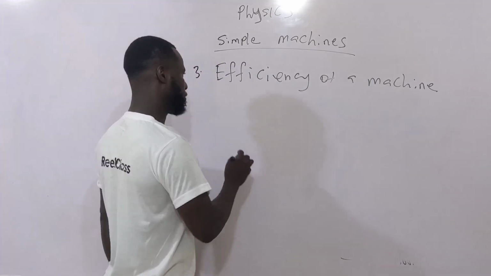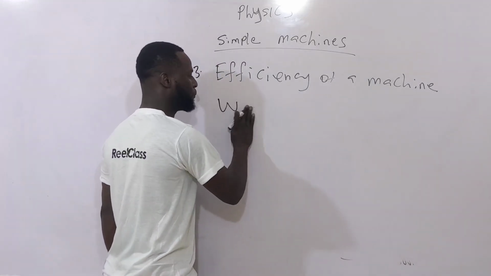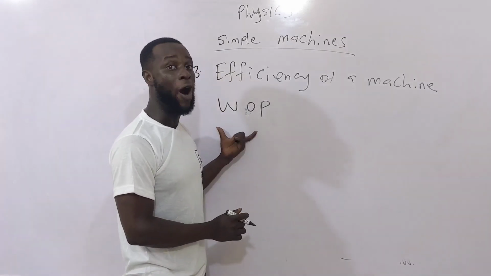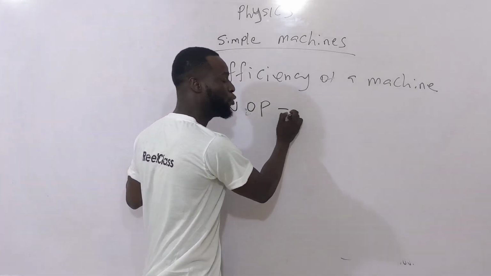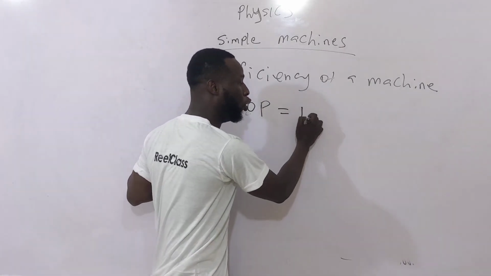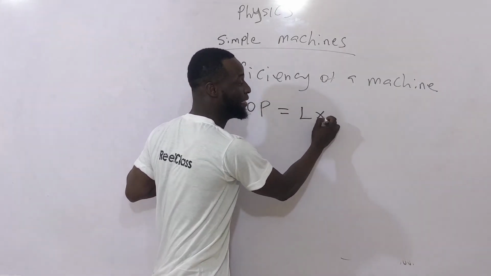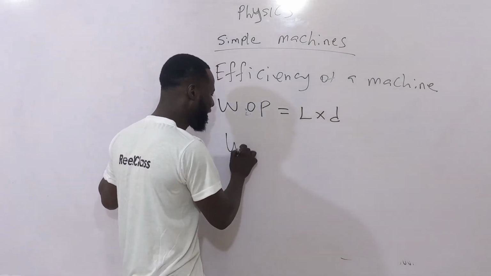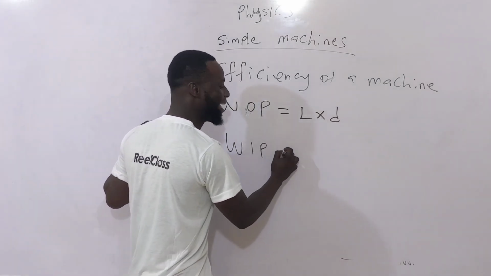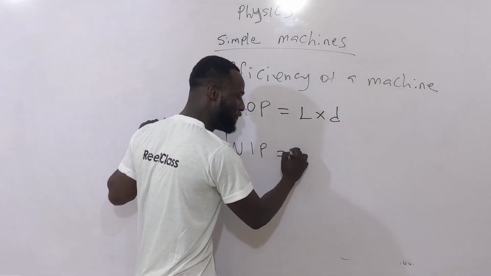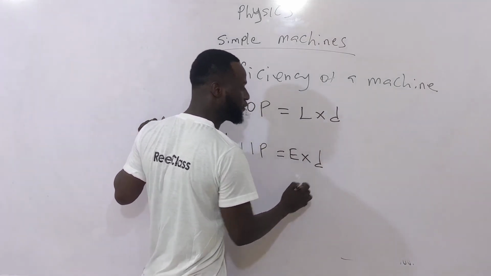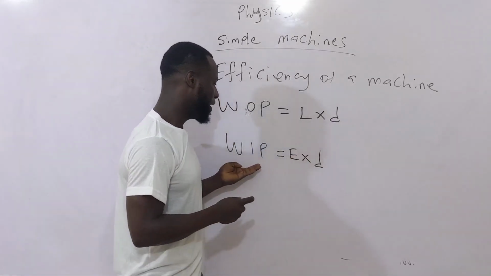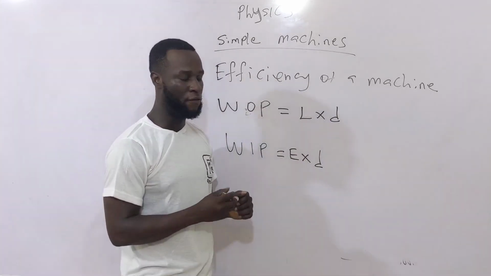What is work output? Let's use WOP to represent work output. Work output is the load the machine is lifting times the distance moved by load, while work input is defined as the effort times distance moved by effort.